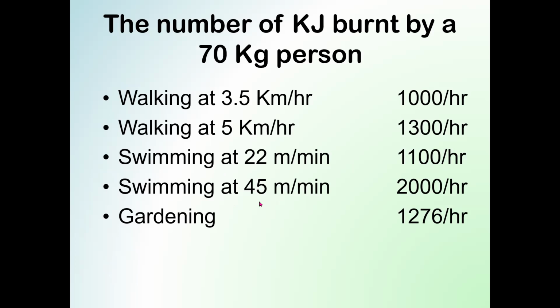If you're swimming much faster at 45 meters per minute, you're using 2,000 per hour. And gardening, with moving around, carrying things, bending over, lifting things, is 1,276. This, of course, depending also on gardening.